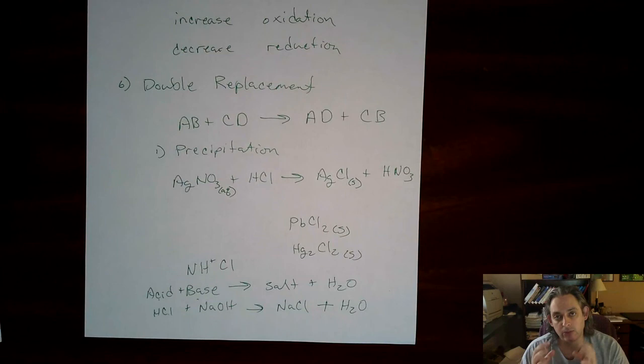Decomposition reactions, where one thing breaks up into 2 or more things. We have single replacement reactions, which is when an element reacts with a compound to make a new element and a new compound, and that is governed by the activity series. And then we have redox reactions, which are any reactions where there is electron transfer.